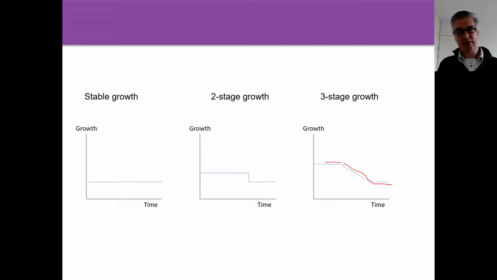And then as soon as it expires, a lot of your competitors will swoop in, also start making that same product, and you immediately enter into this phase of stable growth. So a little bit more specialized, but can definitely be the type of growth pattern that you see. For most companies, if you want to model growth, you're going to have either stable growth or three-stage growth.